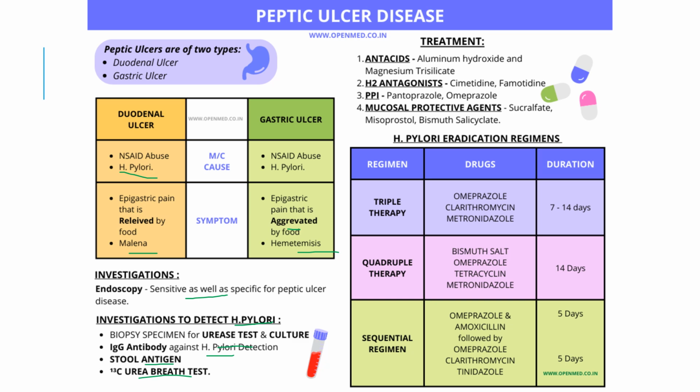So treatment: antacids like aluminum hydroxide and magnesium trisilicate. H2 antagonists like cimetidine and famotidine. PPIs like pantoprazole and omeprazole. Now this differs because duodenal ulcer is mainly due to H. pylori, so you do H. pylori eradication.